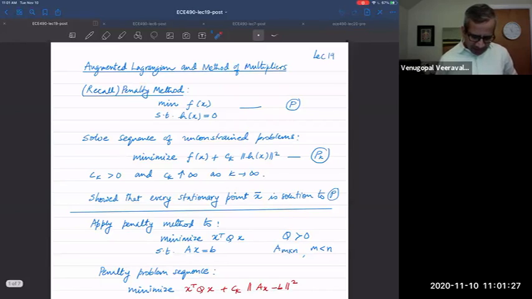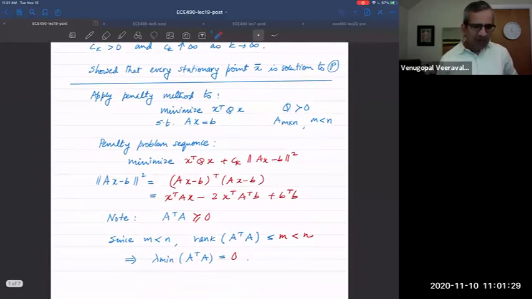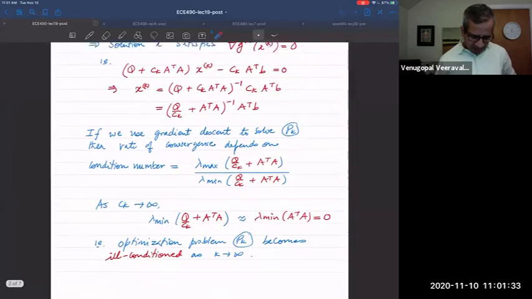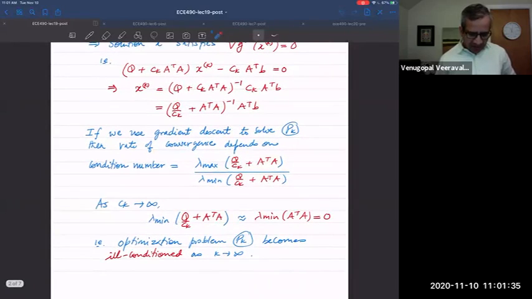And if that happens, it could cause some problems with conditioning. In other words, as ck becomes large, the unconstrained problem that's obtained using the penalty function may become harder and harder to solve. Okay, so the convergence might be quite slow.